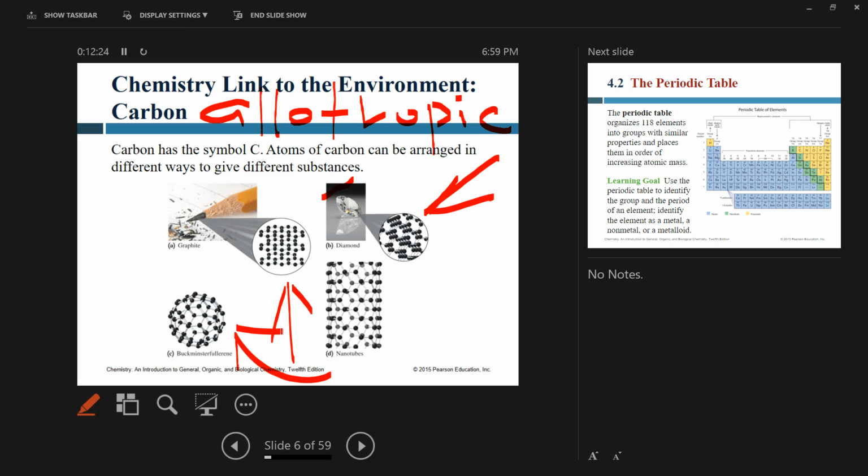The only one that I can think of off the top of my head is phosphorus. You may have heard about red phosphorus, white phosphorus, black phosphorus. For instance, white phosphorus is extremely reactive and can catch fire in open air. If you expose it to open air, it just catches fire. Does that make sense? Red and black phosphorus, they're much more stable. But they're all phosphorus. Same element.